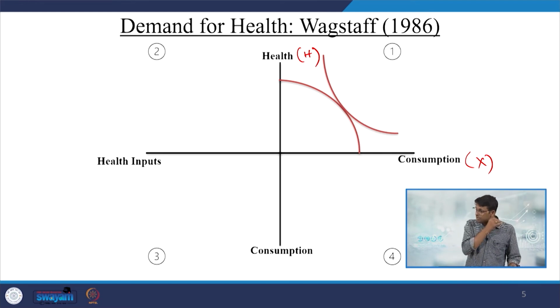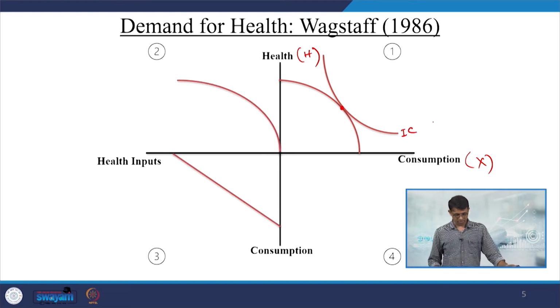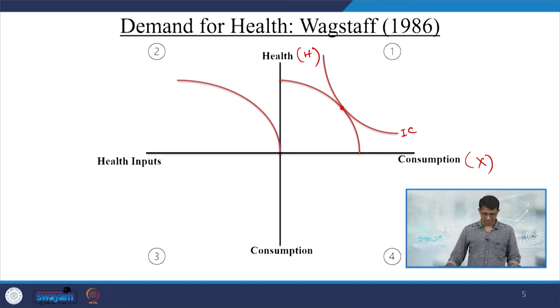Now the maximization point is explained with the indifference curve, through the indifference map, and then we discuss its equivalent production structure, which requires of course health inputs. Health is a product, a function of its inputs, health inputs which I have already discussed.